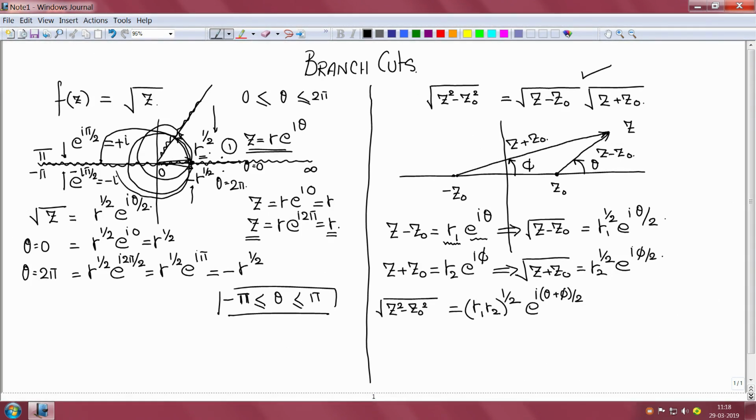Now just as it happened in the square root of z case, here also we have to choose limits on theta and phi. So as a beginning, let us choose theta between 0 and twice pi, and so is phi.